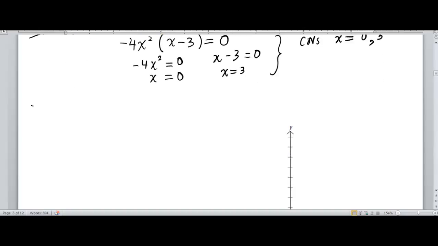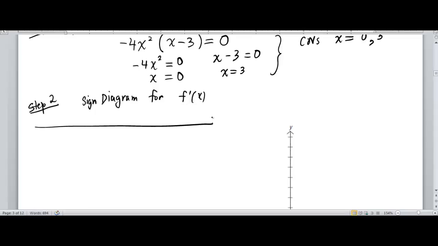Second step is the sign diagram for f prime of x. Okay. So I make a line.